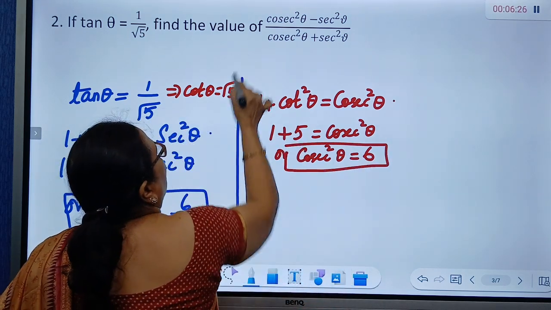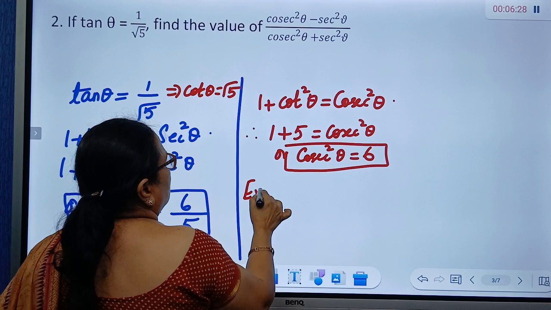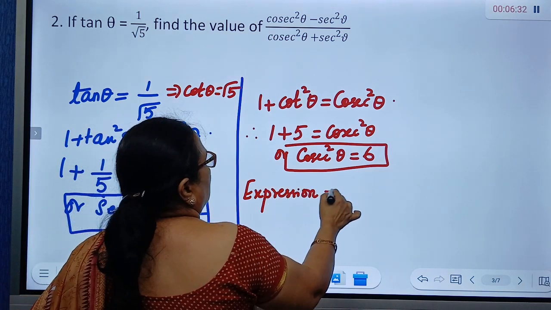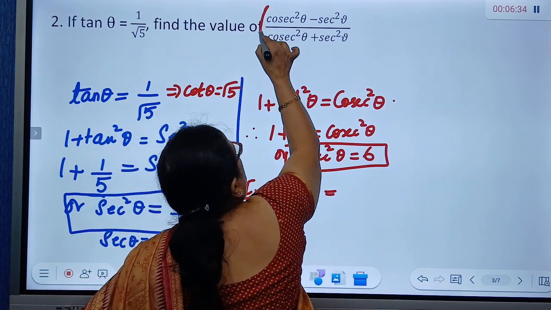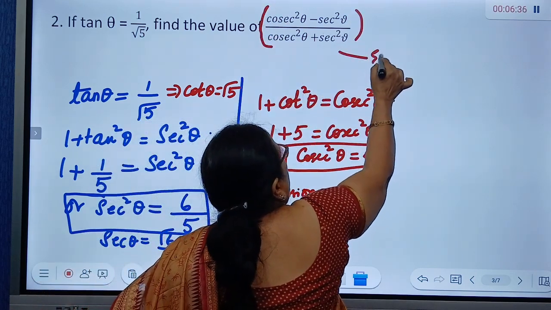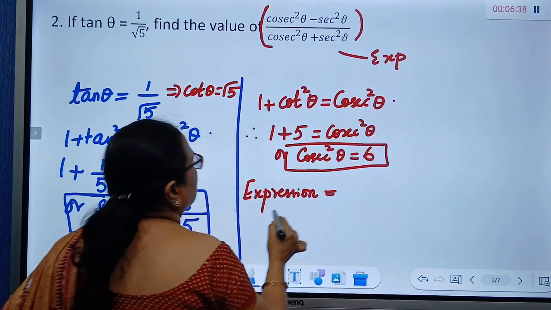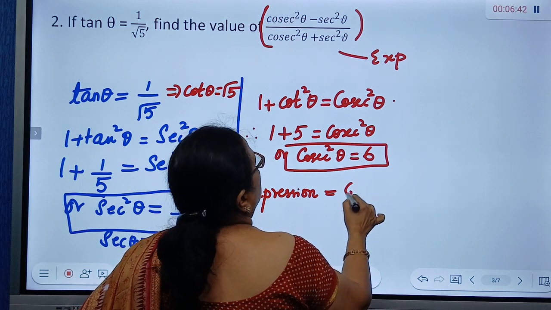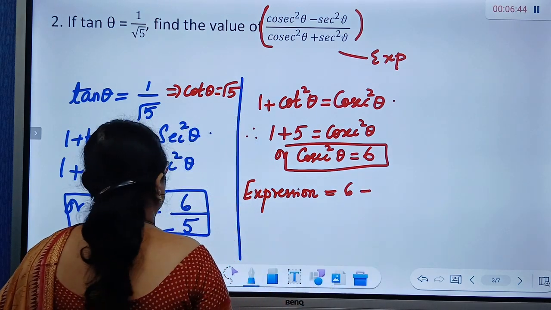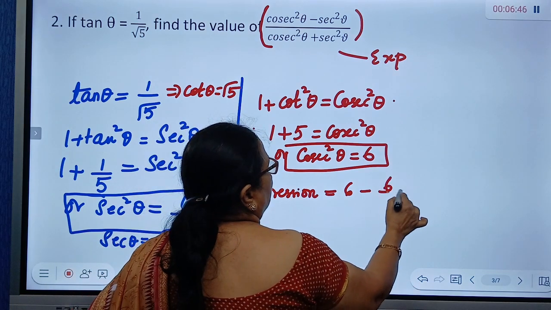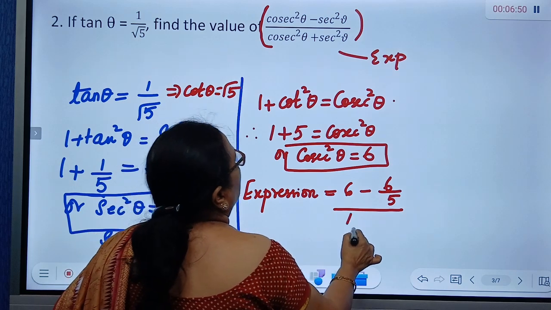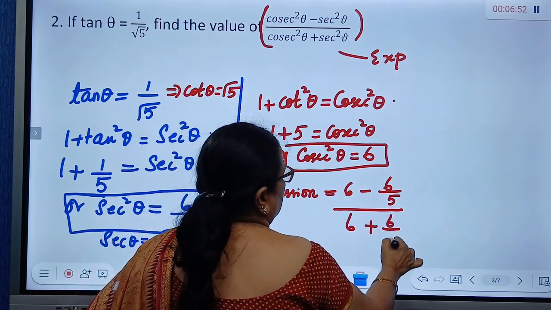Now, I want to find the value of this expression. So, the expression is equal to cosecant square theta, which is 6, minus secant square theta, 6 by 5, divided by cosecant square theta plus secant square theta.